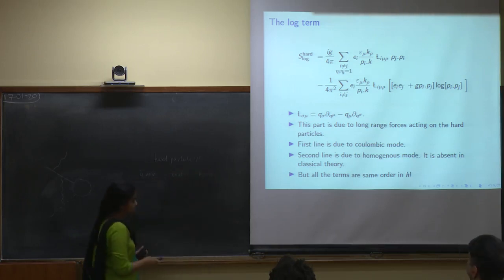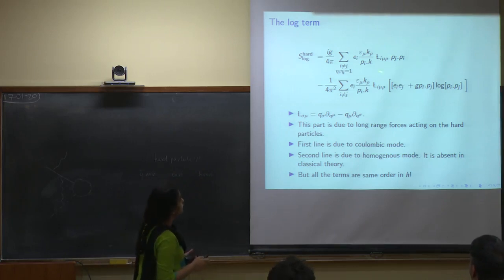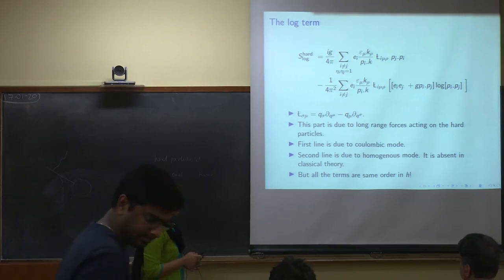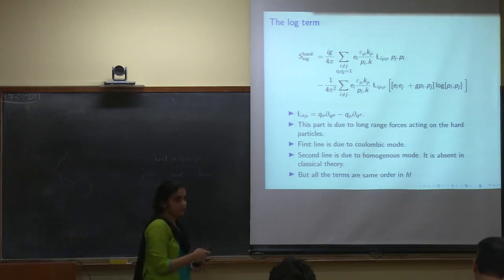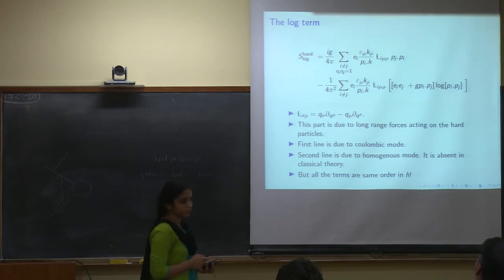Okay, and these are these two terms. This is the Coulombic term and this is the homogeneous term. I don't understand what you mean by homogeneous. Yeah, so I'll talk about it later. So just naively, this is a source term, and this gravitational solution satisfies the homogeneous equation. That is the naive picture, and we will discuss this later on.